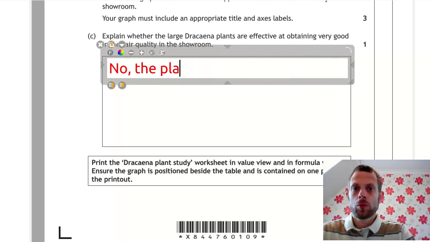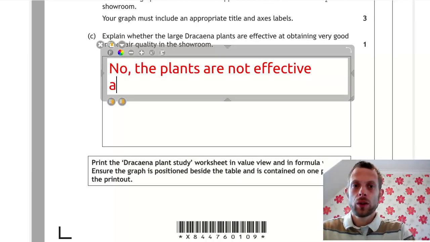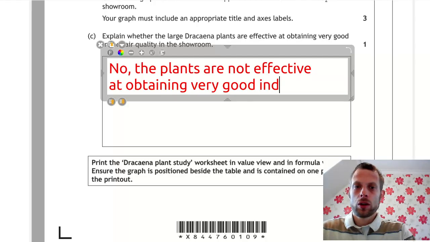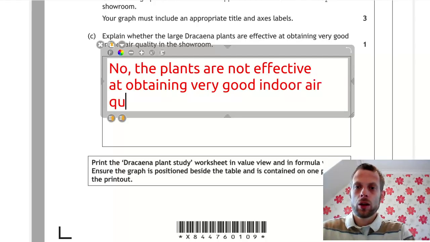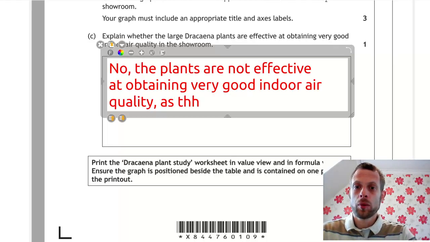So the plants are not effective, you're answering the question in the terms that it's asking you, at obtaining very good indoor air quality. And that's not enough, you have to actually compare numbers. They need to know you've looked at the data booklet, so you have to reference the 800 parts per million, and it would also make sense to reference the long-term trend.